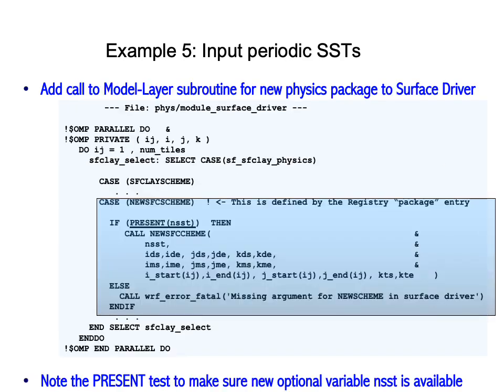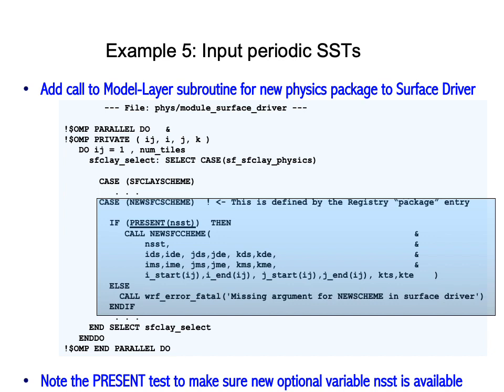Inside of the surface driver, the paradigm is very similar to all of the other physics driver routines. There is a select case saying, if I would like to know for the surface layer physics scheme, if the option is new surface scheme, then I'm going to call my brand new subroutine, new_sfc_scheme.